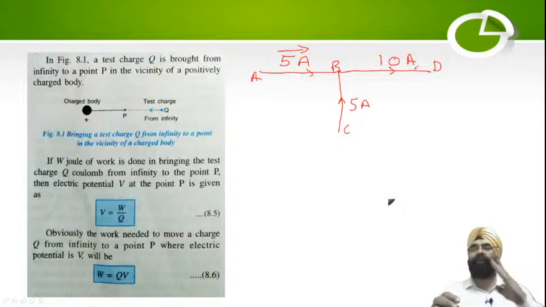So here you get to know that current has direction also, current has magnitude also, but still we consider it as a scalar quantity because current gets added algebraically. We cannot add it in vector form.